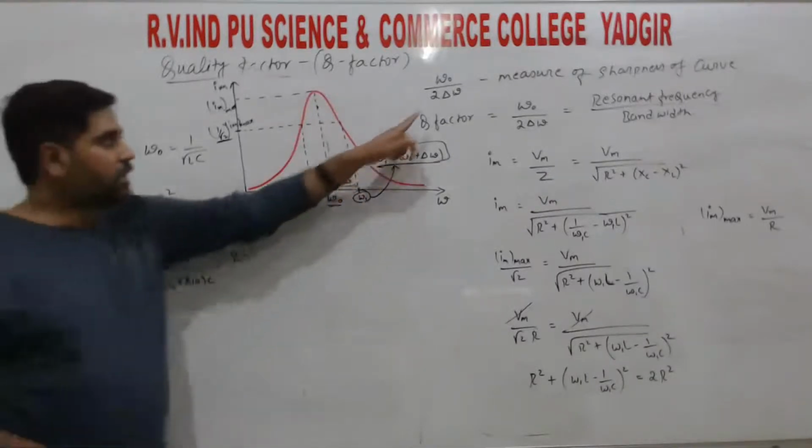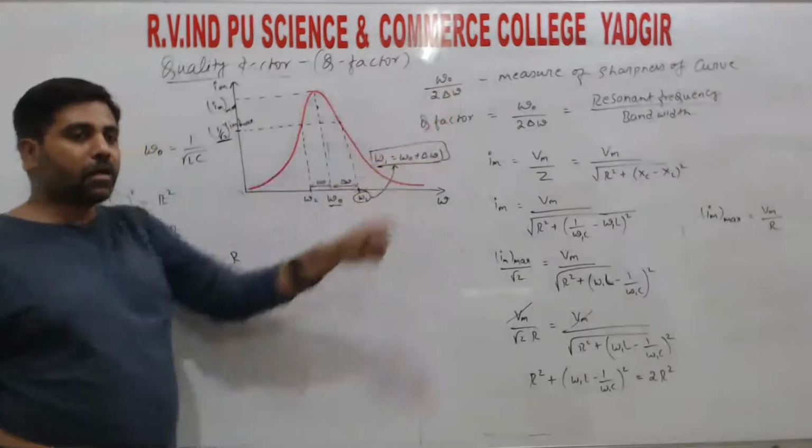We need the relation omega naught by delta omega.